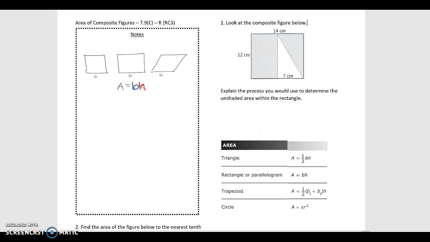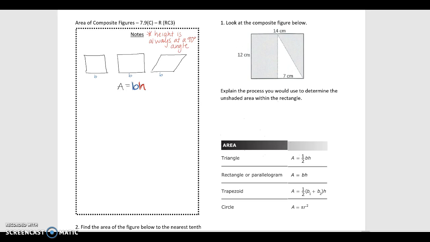Now, one thing that's very important, and I want you guys to make a note of, is that height is always at a 90-degree angle.